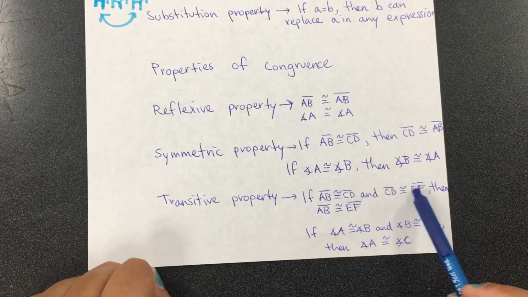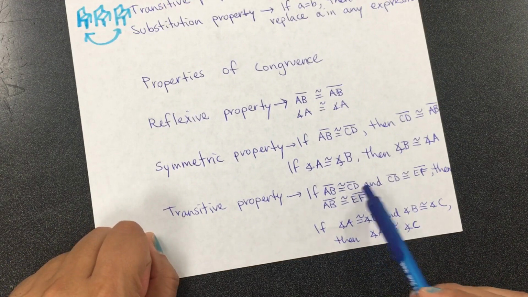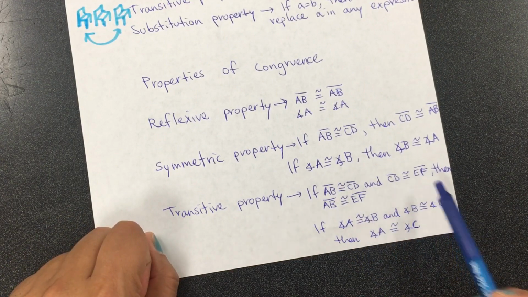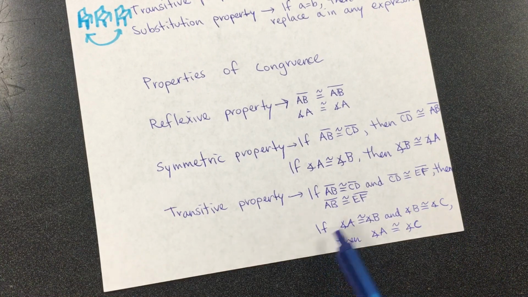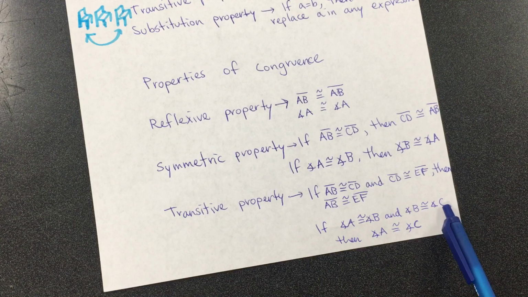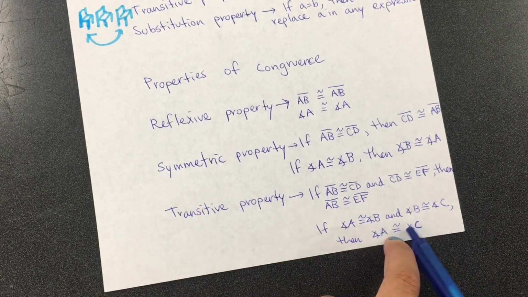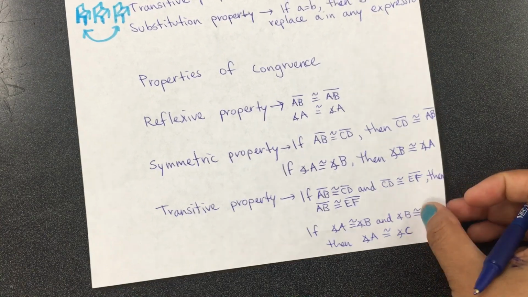So that's why we can say, if both are congruent to that CD, then they are congruent to each other. Okay, same with angles. If angle A is congruent to angle B and angle B is congruent to angle C, then we can say that angle A and angle C are congruent to each other. So we're going to use some of these for what we're going to be looking at next.